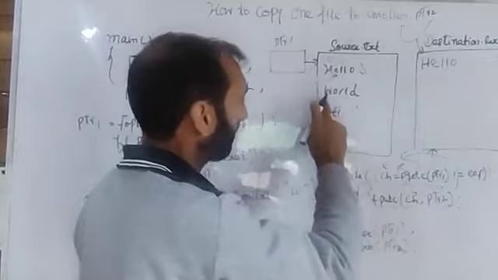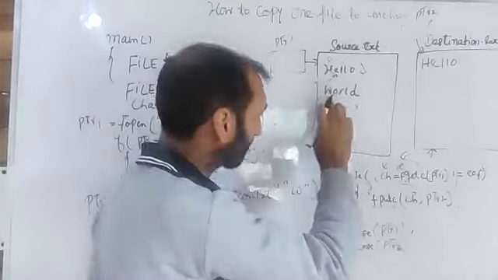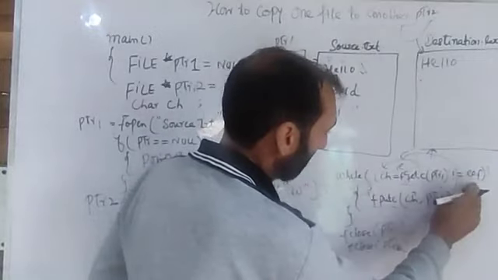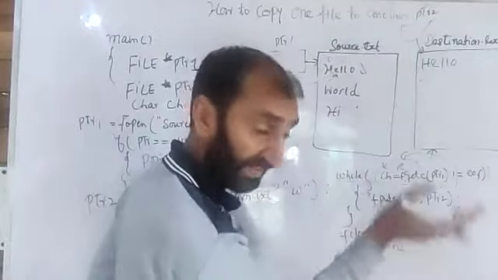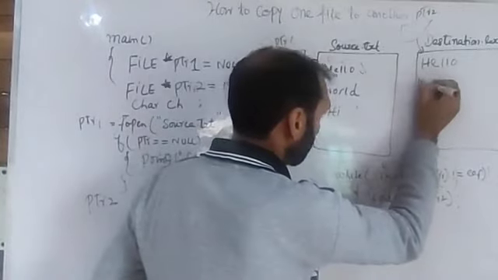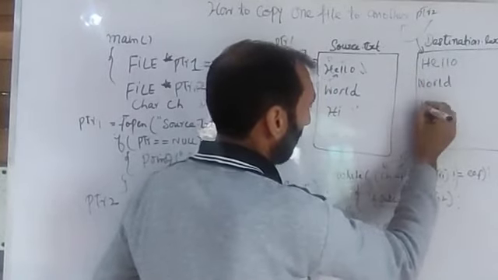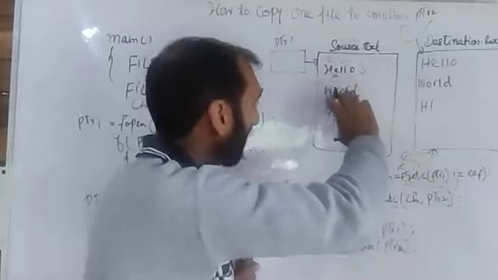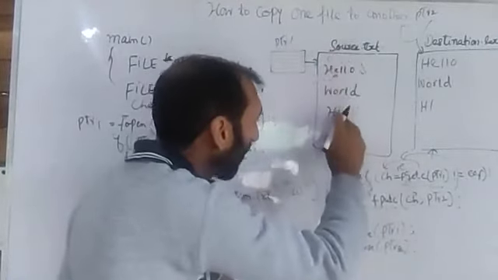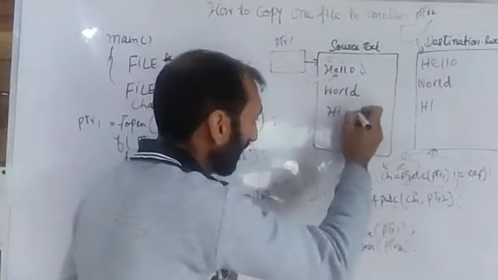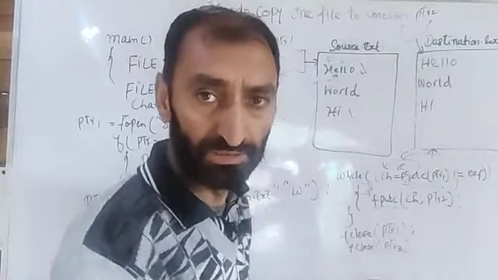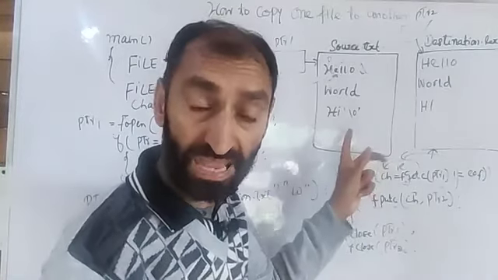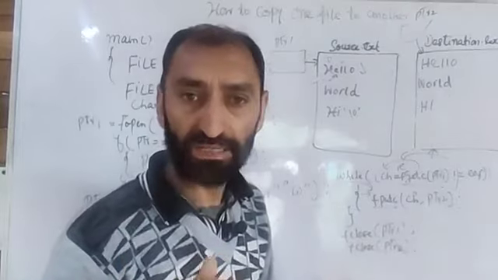So the file pointer would be there, and after that it will read the next character, that is w. W is not a new line character, and W is not an end of file, and it will read character by character from h to i until it finds this \0. \0 means end of the file, that means the null character.